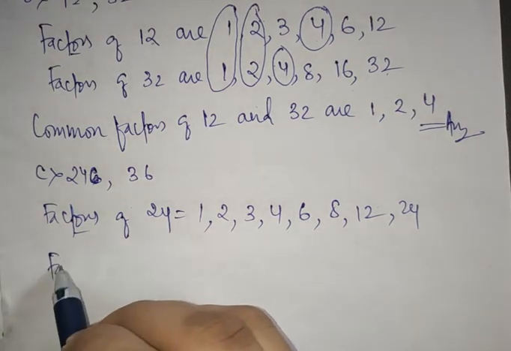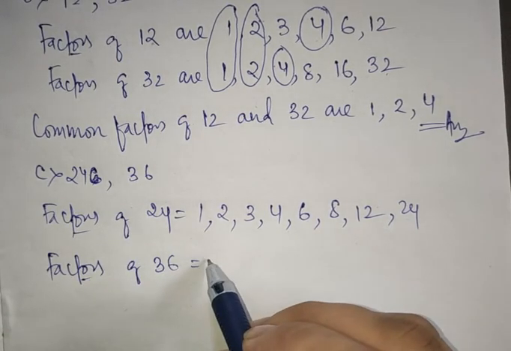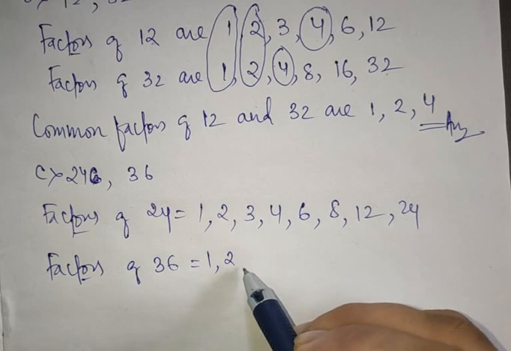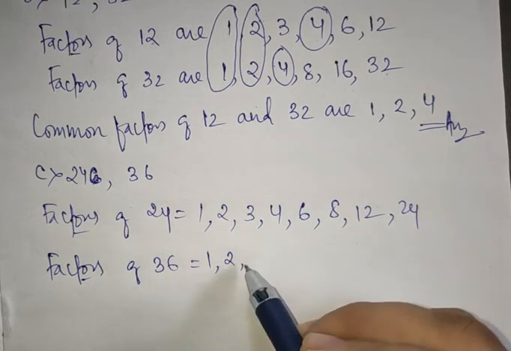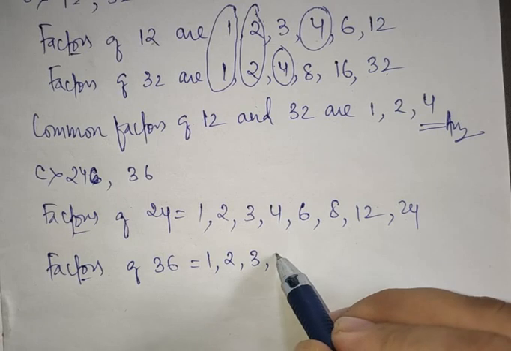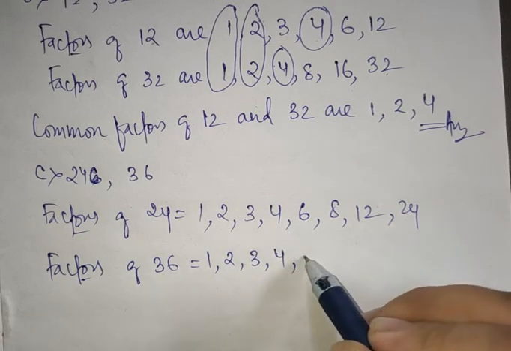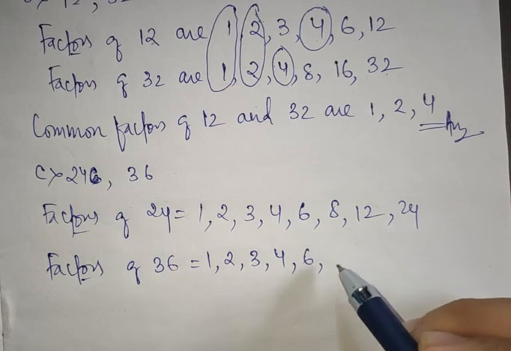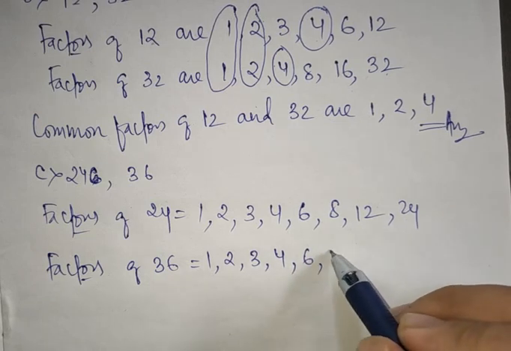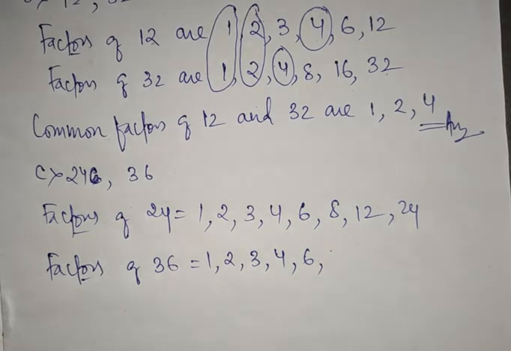Next, what are the factors of 36? You will make a list. Factors of 36 are 1, 2 18s are 36, then 3 12s are 36, 4 9s are 36. 5 cannot divide, 6 6s are 36. 7 cannot divide, 8 cannot divide.